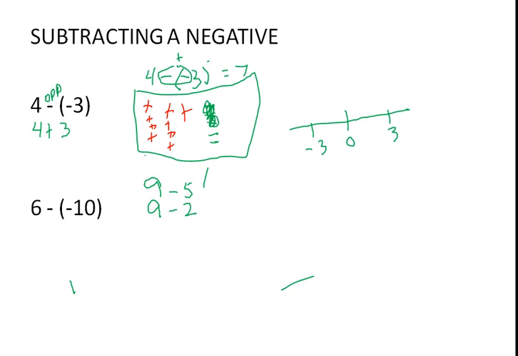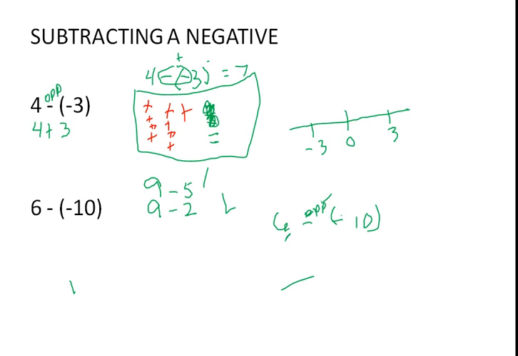Let's take a look at this problem. If we want to look at it as far as opposites go, we have 6 minus a negative 10. And we say that the opposite of negative 10 is 10.